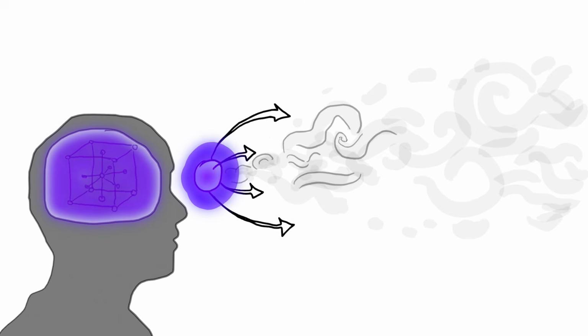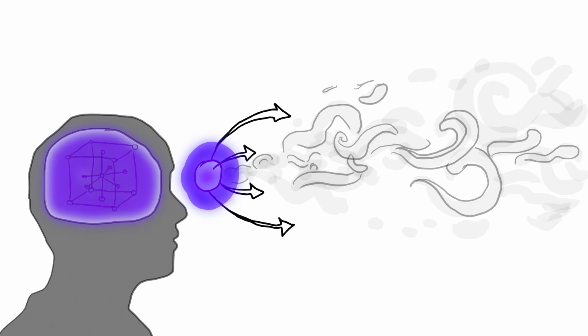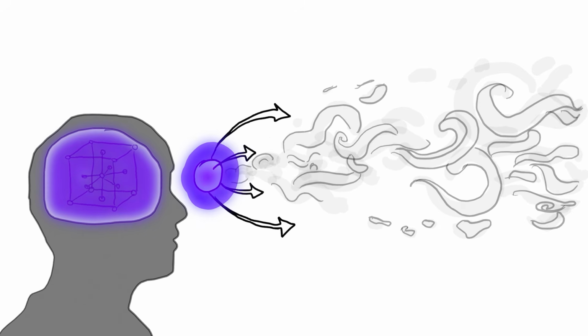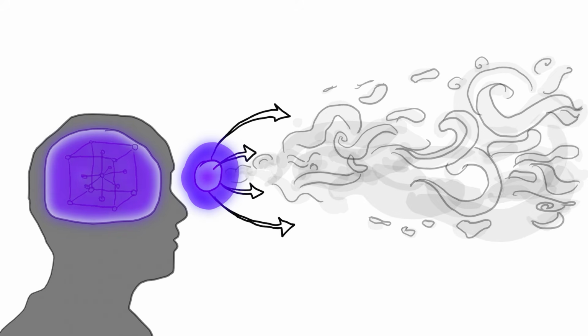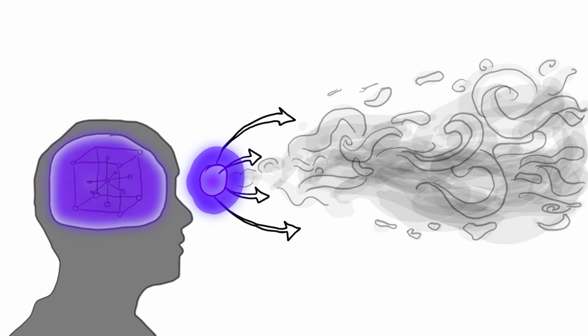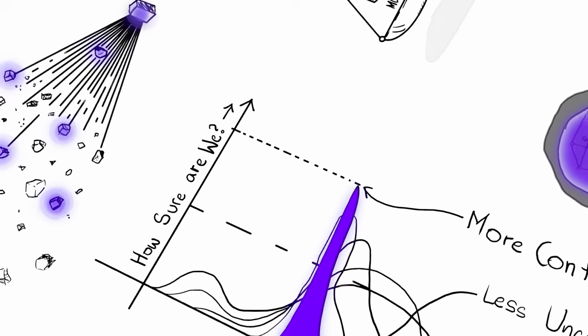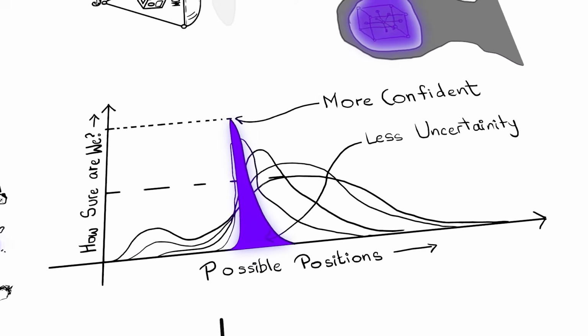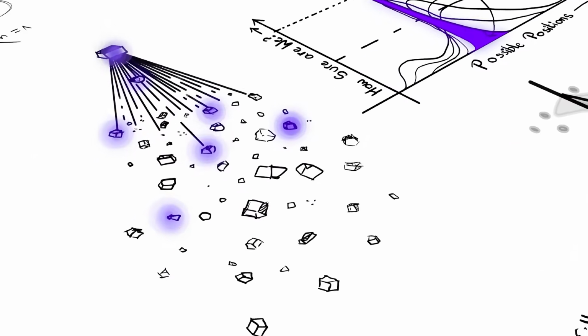And then there's reality, constantly throwing noise at us. The trick isn't to pick one, but it's to combine both intelligently. And that's essentially what the Kalman filter does. It's how machines think clearly in a messy world. And honestly, that's what makes it so elegant.